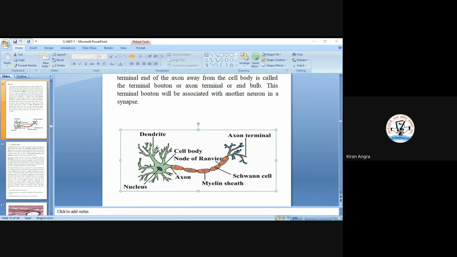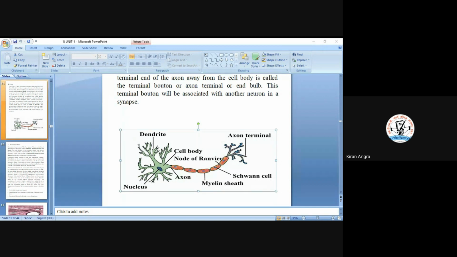Let's go to the fourth type of tissue, that is connective tissue. Connective tissue is to support the body and to bind or connect together all other tissues. The connective tissue provides the mechanical framework which plays an important role in locomotion. Connective tissue exists in a number of forms.